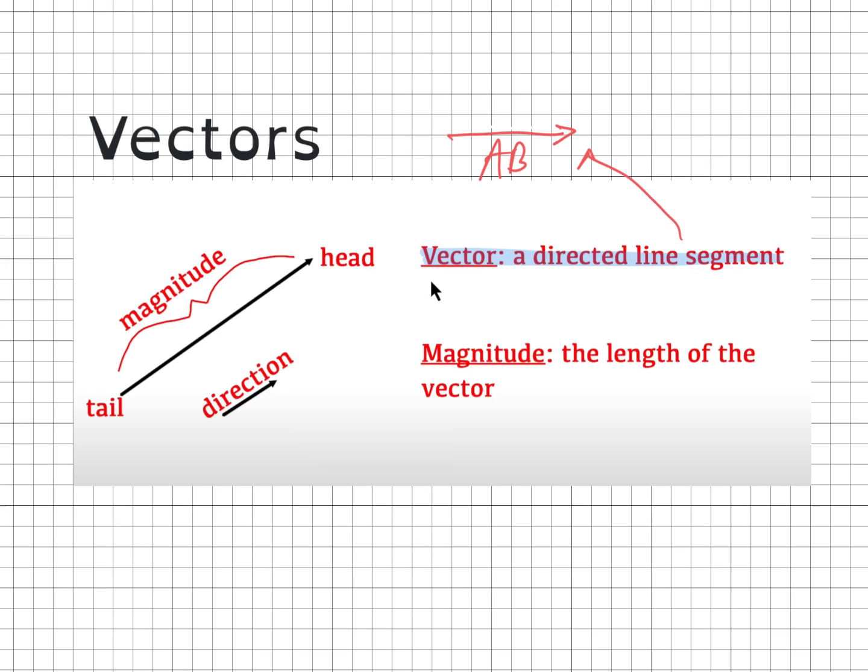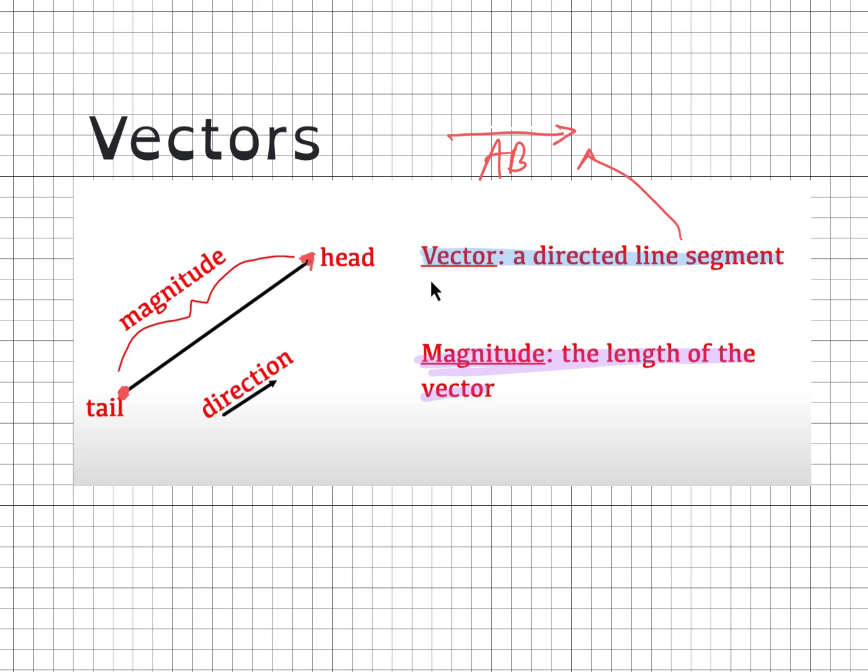nothing more, nothing less. Now, the word magnitude is really a very fancy word, because magnitude is just simply the length of the vector. Imagine that when you have a line segment, you have here your tail, and you have the head. The head has the arrow. So the tail is the very first, and then you have the head.